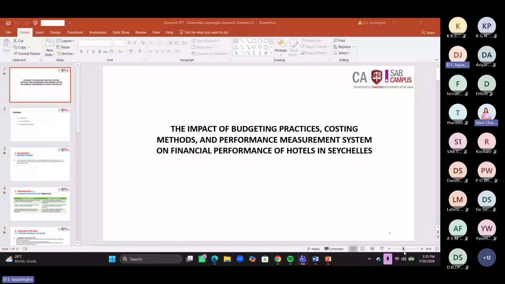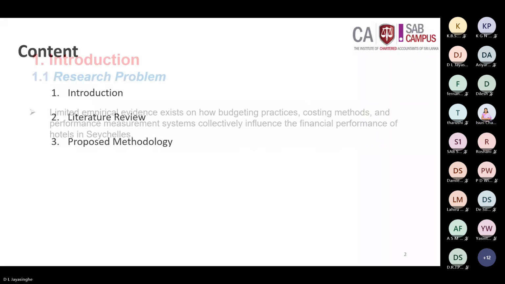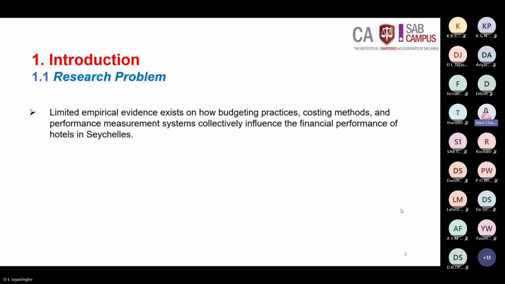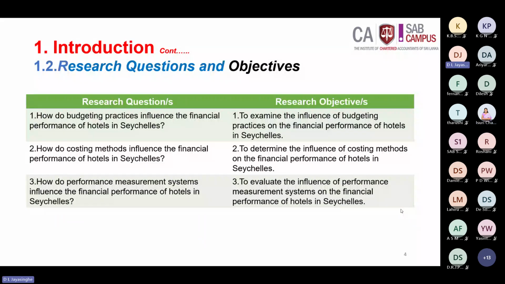The impact of budgeting practices, costing methods, and performance measurement systems on financial performance of hotels in Seychelles, madam. Right. Seychelles. Okay. Second slide. Next slide. Problem you can define. Questions and objectives. These are the questions, madam.